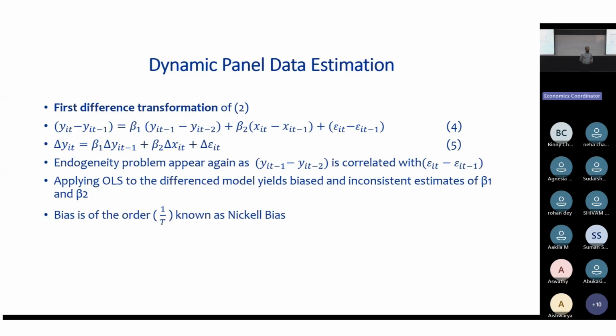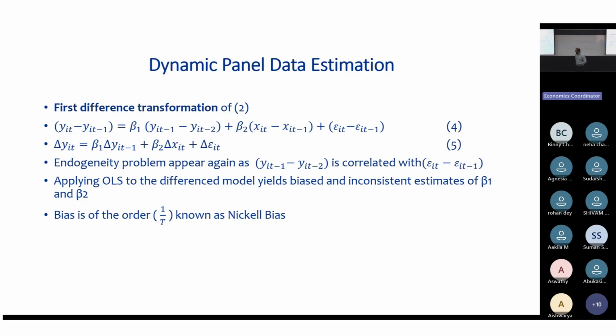This is what we have written on the board. Doing this transformation doesn't help us because Y(i,t-1) minus Y(i,t-2) is correlated with epsilon(it) minus epsilon(i,t-1). These two are correlated, these two appear there, so it doesn't go away. So both these methods don't help us.